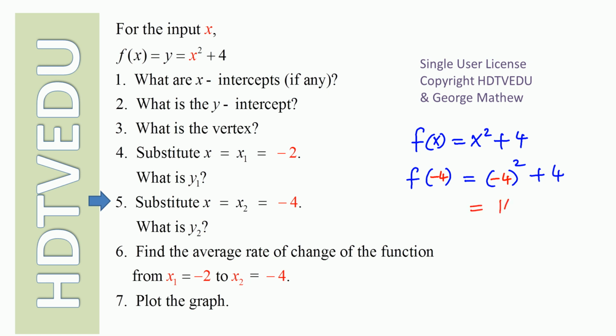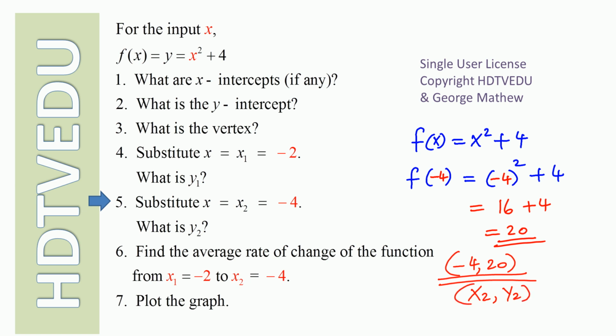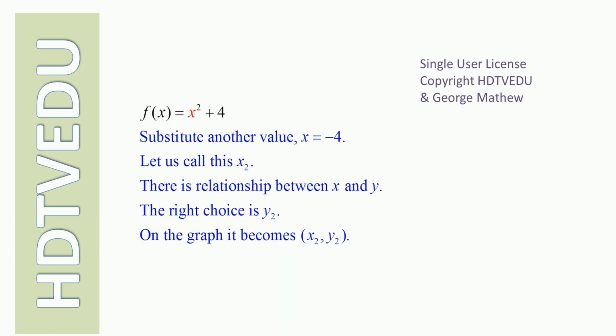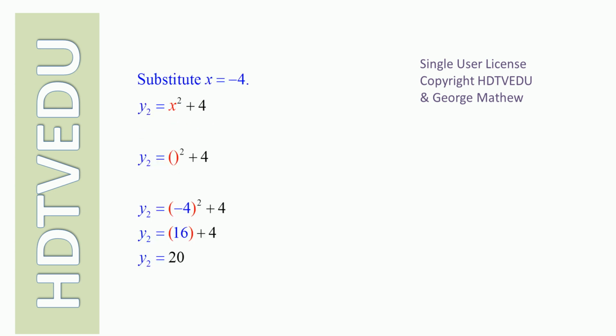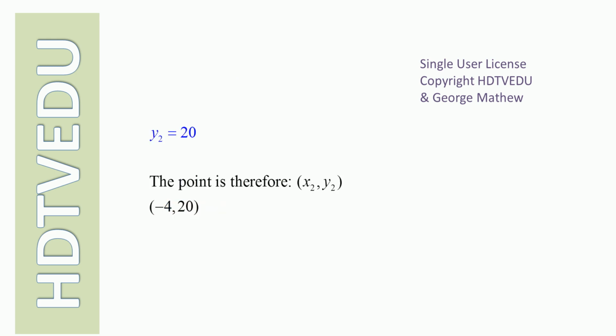And we get 16 plus 4, and that is 20. So when x equals negative 4, y equals 20. And that is x2, y2. So we have x2, y2, negative 4, positive 20. So again, that's what I did here. When you substitute x equals negative 4, you get 20.